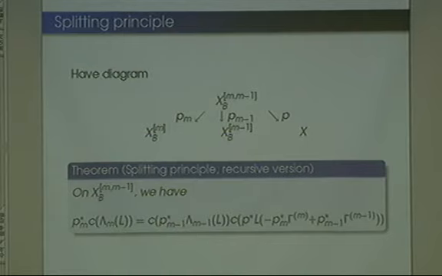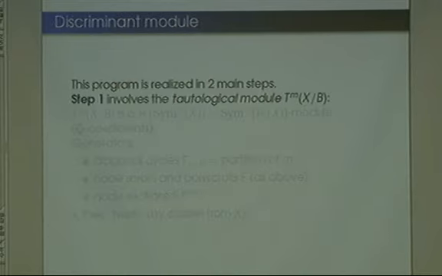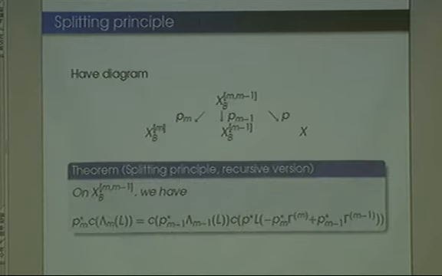So we have this simple decomposition here, and this leads one to try to approach this program of computing intersection numbers in the following way. The general idea is that you can assume recursively that everything you could possibly want is good in Hilbert degree m-1, and then you want to go over to the next degree.